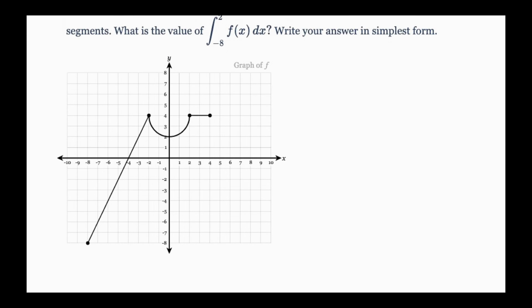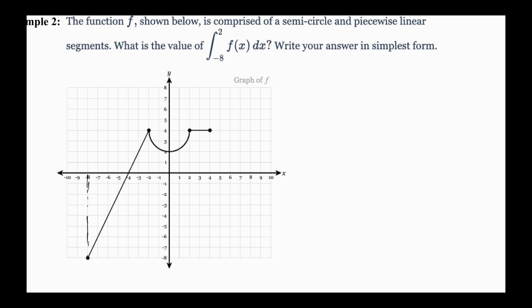So just kind of shade where the area is going to be. So -8 is here, right? So this is the bound here to over here. So when I say area under the curve, make it a little darker so you can see it.